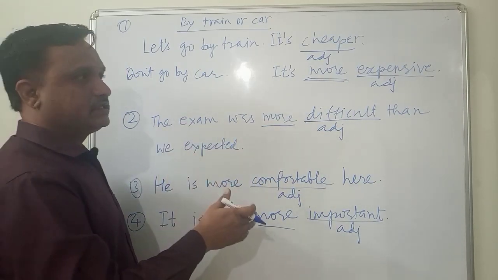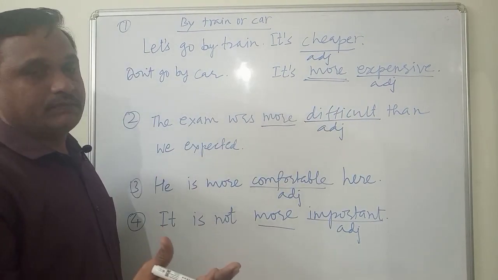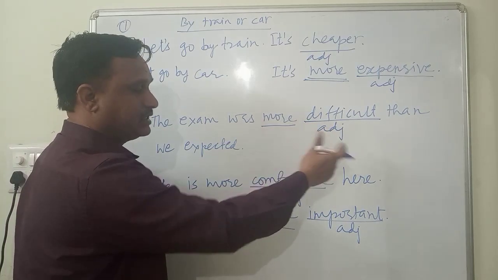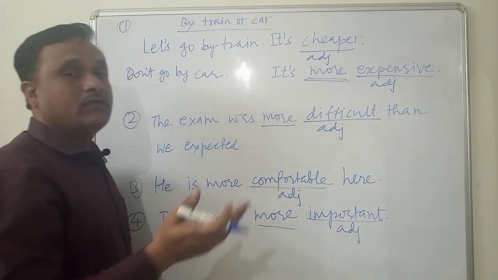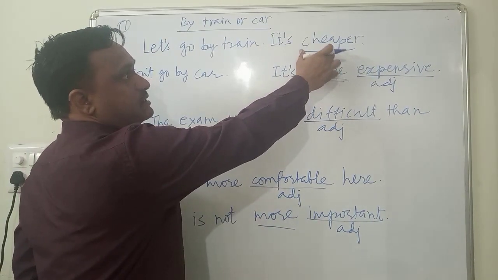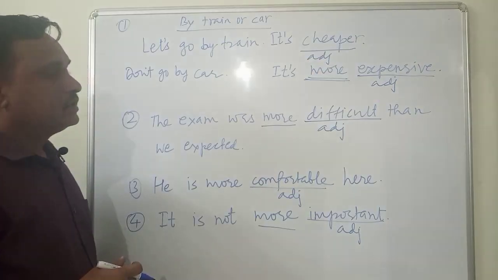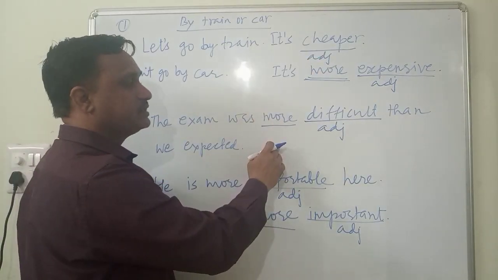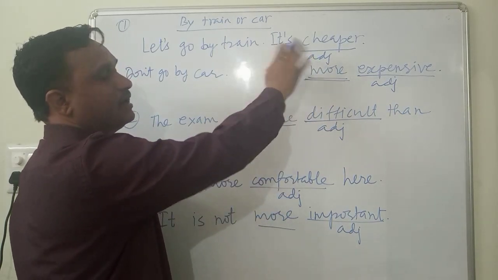In appropriate terms, I would say that expensive, difficult, comfortable and important have more syllables. So wherever there are few syllables, their adjective takes ER. Adjectives with more syllables take more.